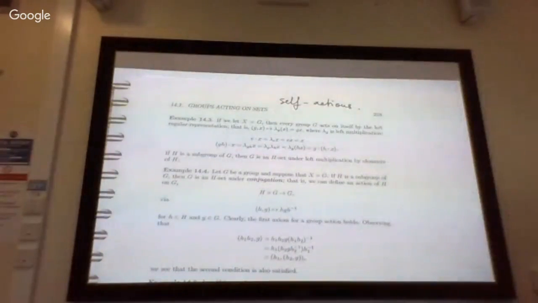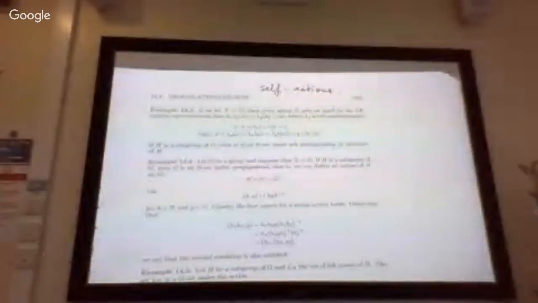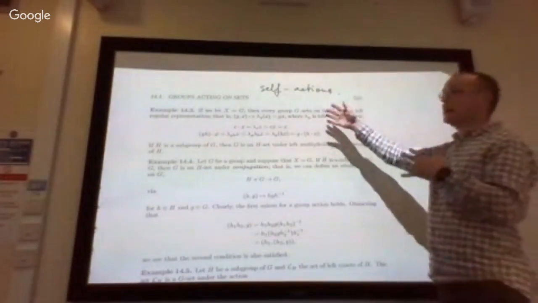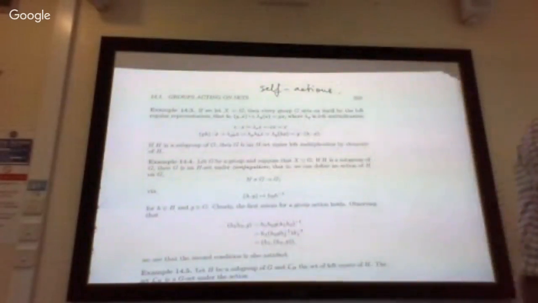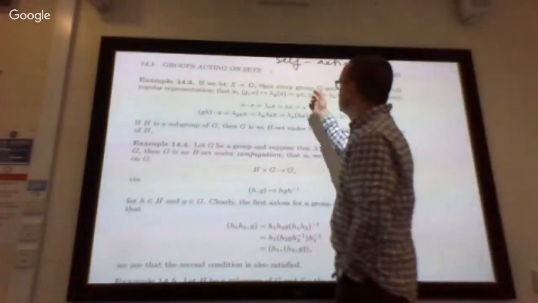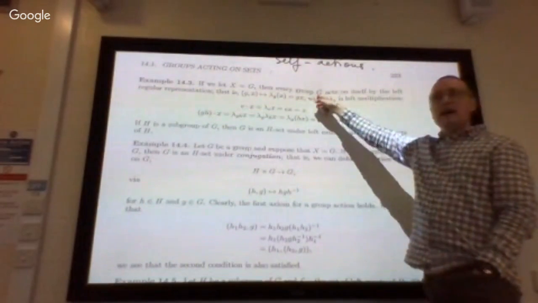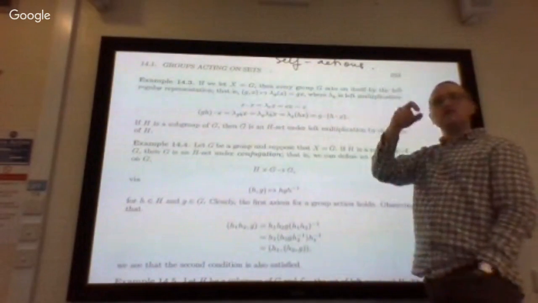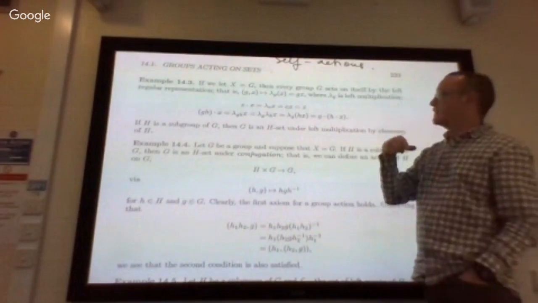Well, it just pops up immediately, it's there already. There's a way for a group to act on itself, just using the group operation. So if you try and set this picture up here, where the set X is the group G itself, there's an obvious way to think: if I take an element little g from my group, how can I give myself a function associated to that little g that moves the elements of the group around?